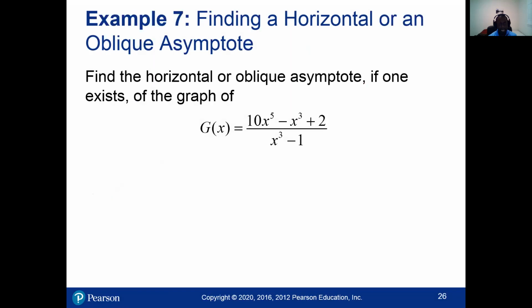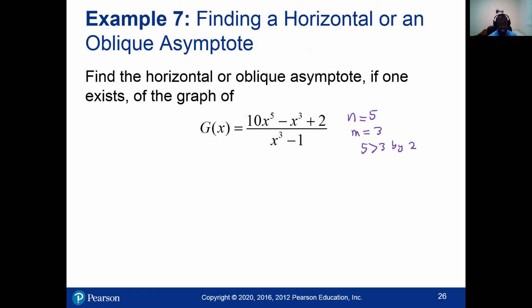Now, finally, it says find the horizontal asymptote or oblique asymptote if one exists. Now look at this graph. The degree of the numerator, n, is 5. The degree of the denominator is 3. You see that 5 is greater than 3 by 2, so we have 2 or more.